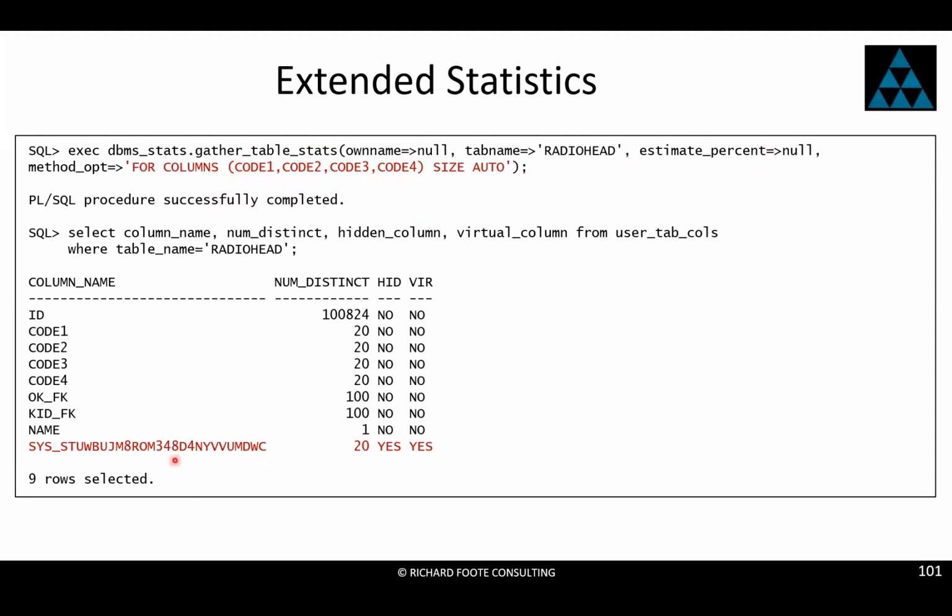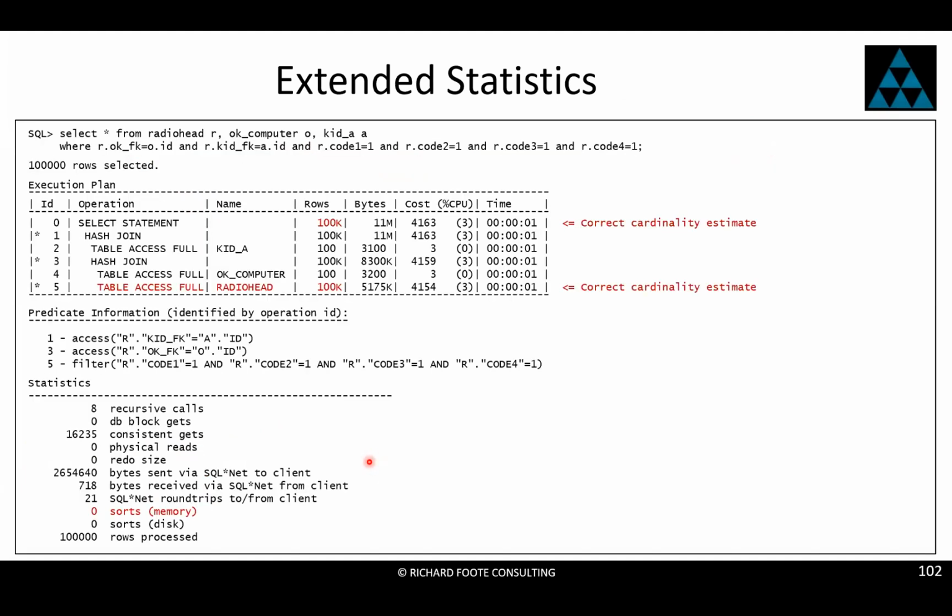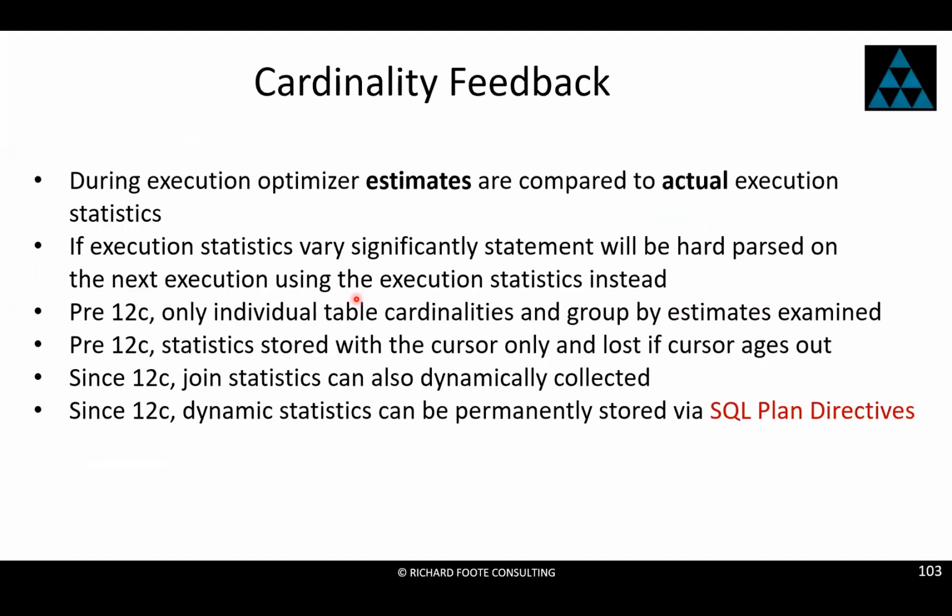And so Oracle creates a virtual column which says, well, for that combination of columns, there are 20 distinct values. And now that I know that, these queries will run beautifully. So that's number one. And number two is if you ever drop an index, and it's a concatenated index of more than one column, seriously consider collecting extended stats on that combination of columns, because otherwise you could fall into the trap I've just discussed.